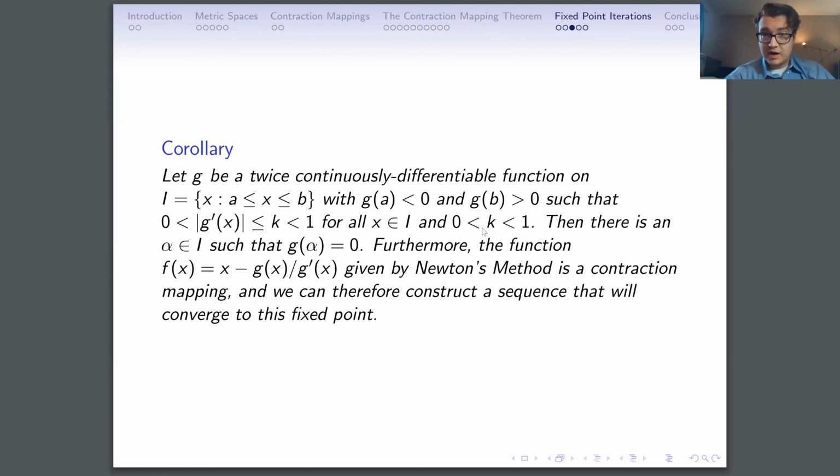So k is our contraction mapping constant here, or Lipschitz constant. Then there is some alpha in your interval I such that g of alpha is equal to 0, right? So that's our fixed point. And furthermore, this function given by Newton's method is a contraction mapping, and we can construct a sequence of iterates that will converge to your fixed point, which is your root.